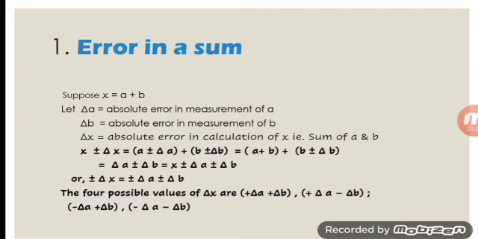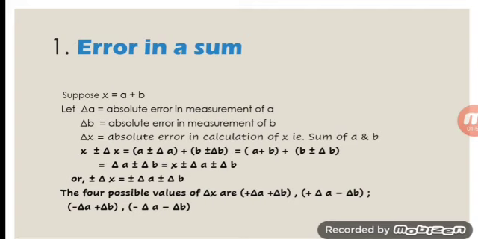Hence there can be 4 possible values of delta x, because here there are 2 positive values and 2 negative values. Therefore it will be plus delta a plus delta b, plus delta a minus delta b, minus delta a plus delta b, and minus delta a minus delta b.